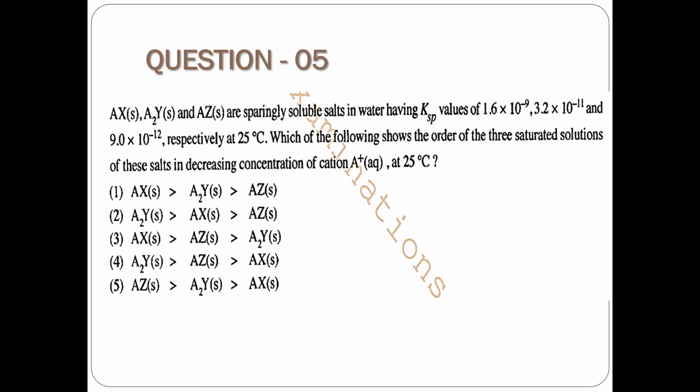Which of the following shows the order of the saturated solutions of these salts in decreasing concentration of A plus? So before that, I'd better write the values down on this side. That should be easy for me.